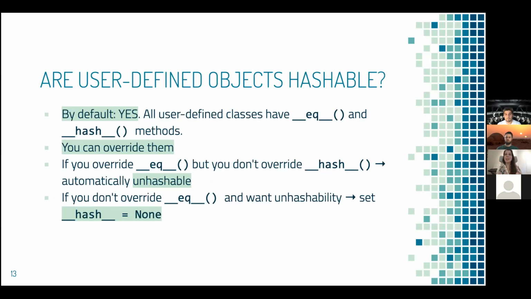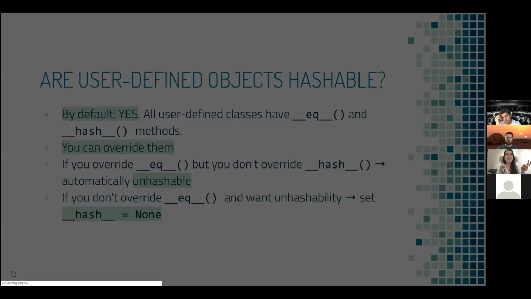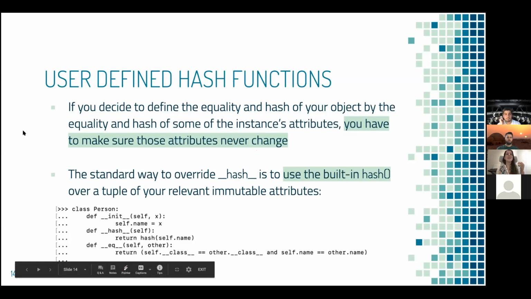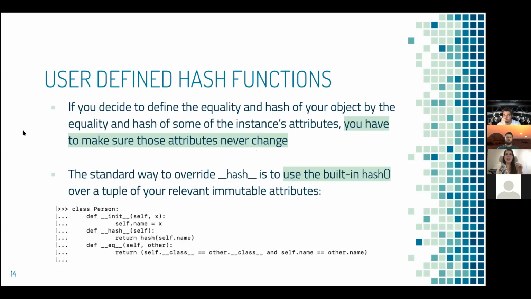But now let's talk about the case you probably want, which is to override these two things, but keep the hashability. So usually, if you decide to override these things, you have to go back to the definition and remember that you need to build it based on things that never change during their lifetime.